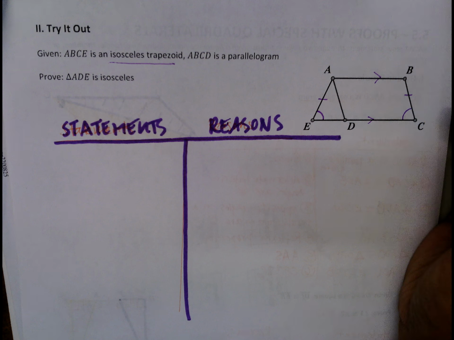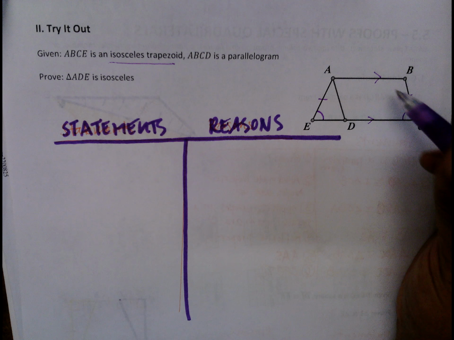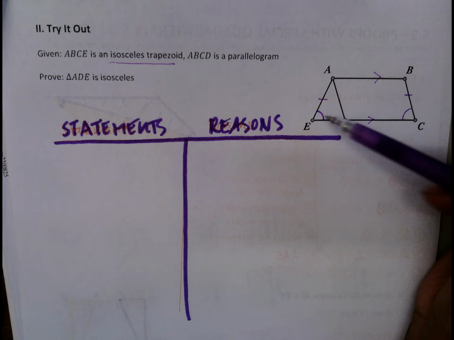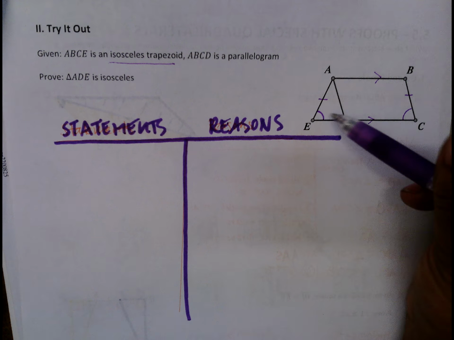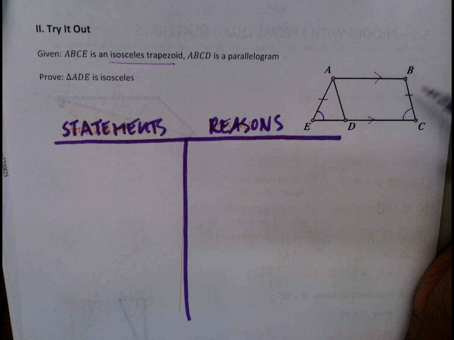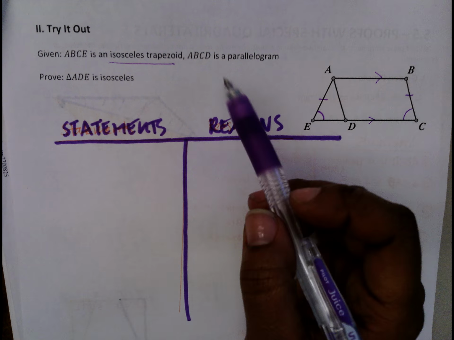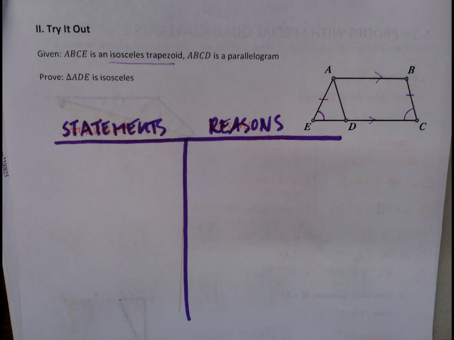So not only are these two sides congruent in an isosceles trapezoid, the two angles here, these sets of angles, are congruent, okay? So what else is important information? That ABCD is a parallelogram.